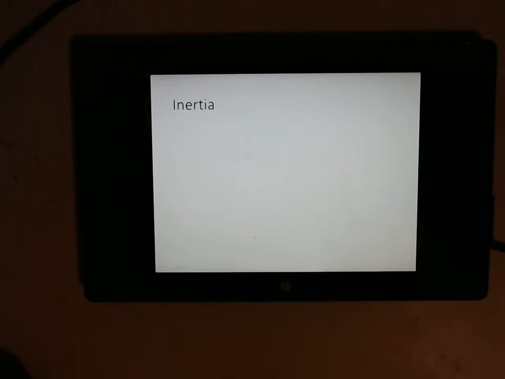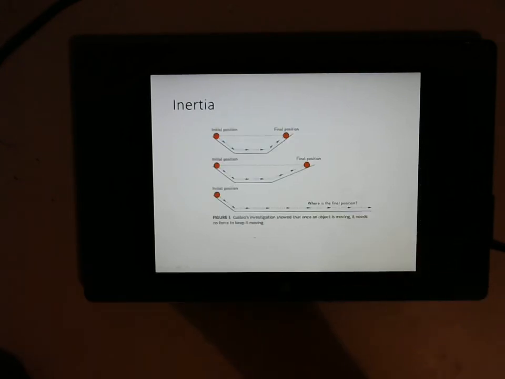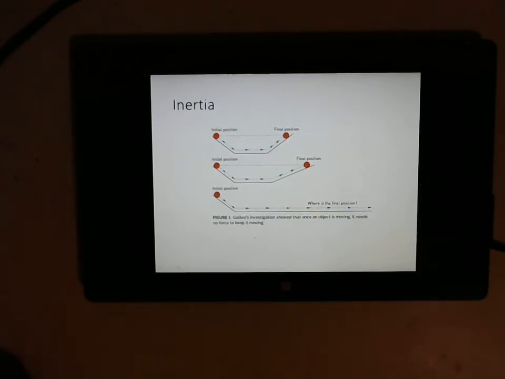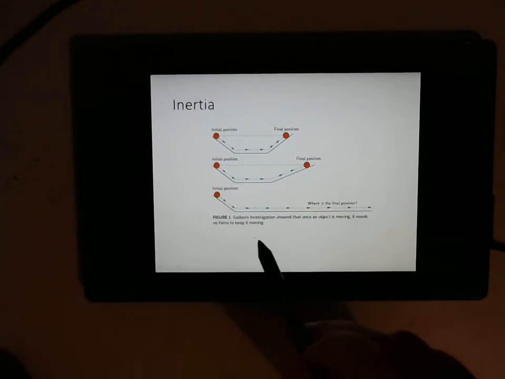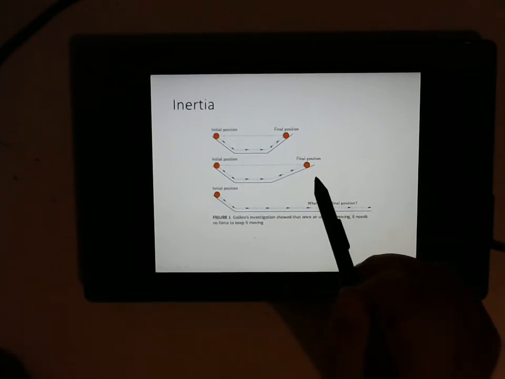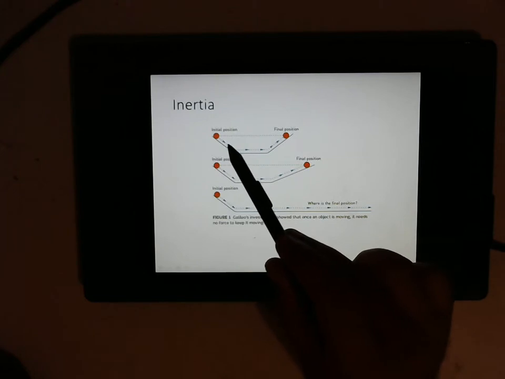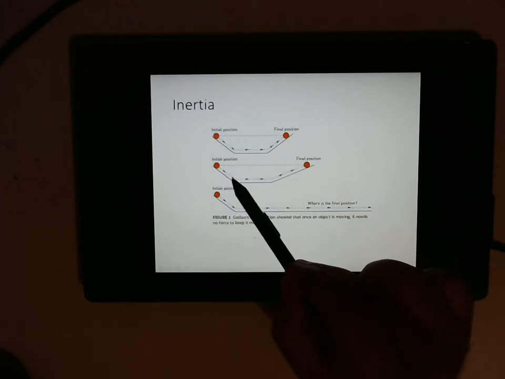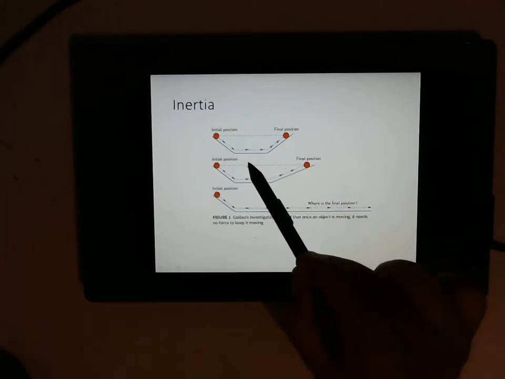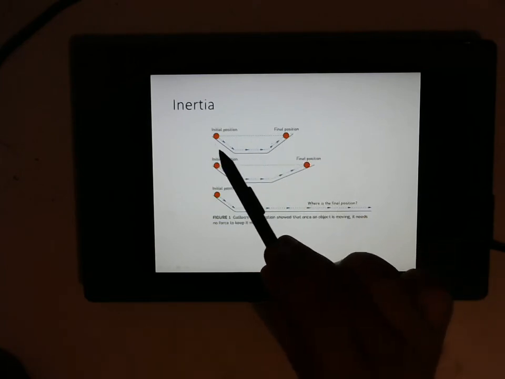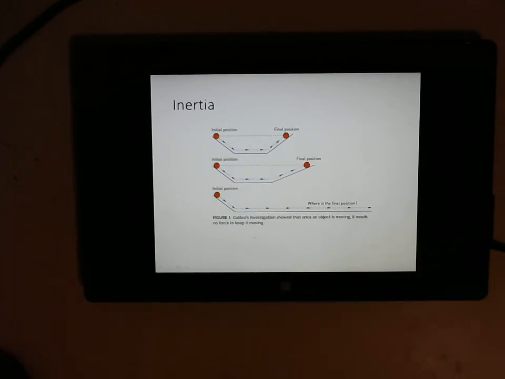Galileo came along in the late 1500s and developed another idea whereby he tested rolling a ball down a ramp and then up a ramp at different angles. And he observed that it pretty much always returned to the same height. Now he made sure that there's very minimal friction on this, and rolling has very minimal friction as well, so he made this as easy as possible.